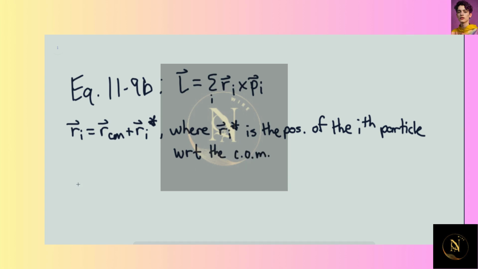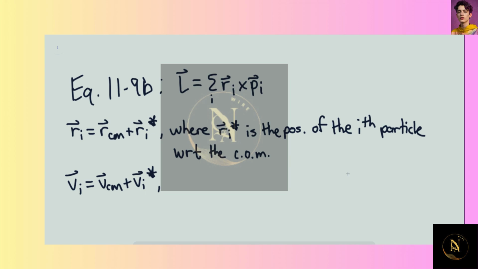We can then say, for the same thing, the linear velocity, where v sub I star is the linear velocity of the ith particle with respect to the center of mass.